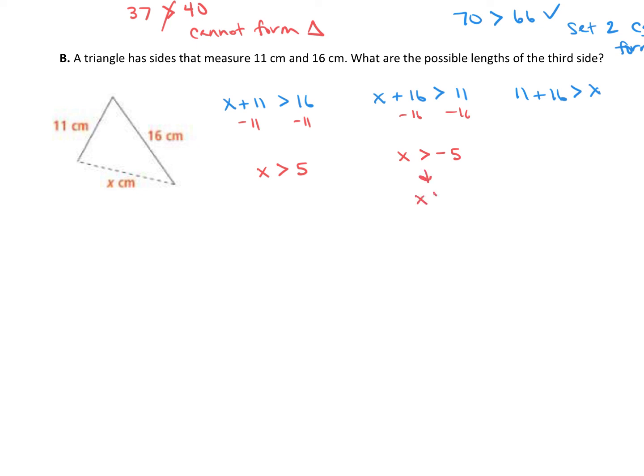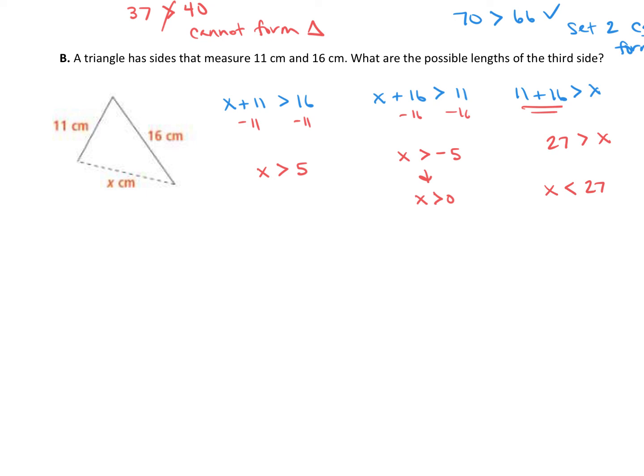So this side just has to be greater than 0. And then over here, 11 plus 16 is 27, which is greater than x. Or if we flip that around, x has to be less than 27.